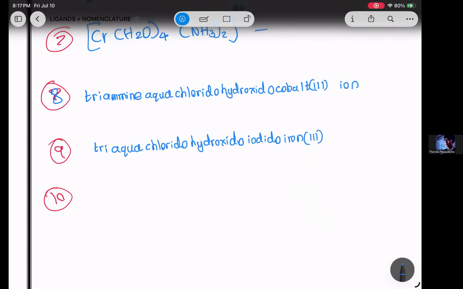Try aqua, chlorido, hydroxido, iodido. Iron 3. So you can write the ligands in any order. Now in A levels, they don't check that. In which order are you writing? They don't check that.